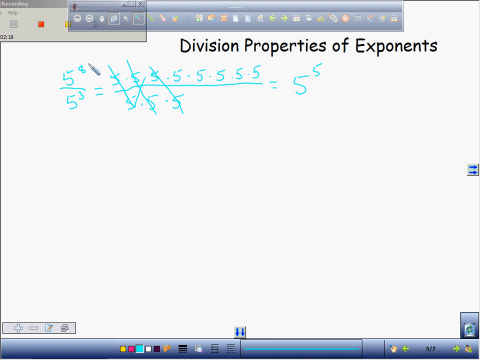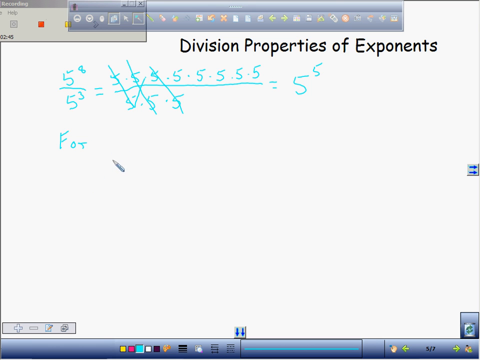Now, what have I actually done with these exponents? Subtracted them, right? So that's the rule. All you really have to do is subtract when you're dividing with numbers that have the same base. You subtract the exponents.